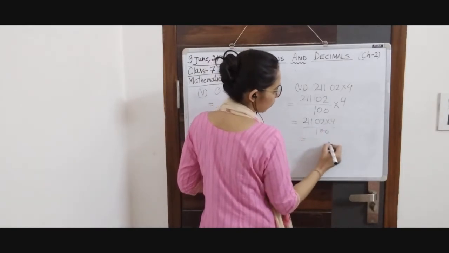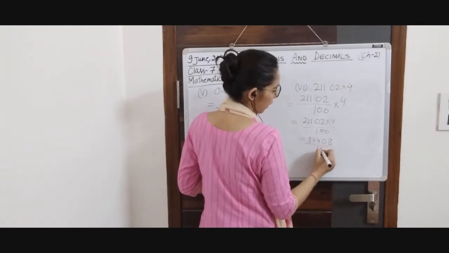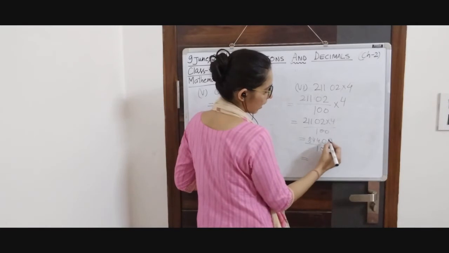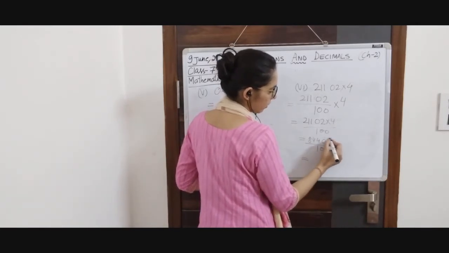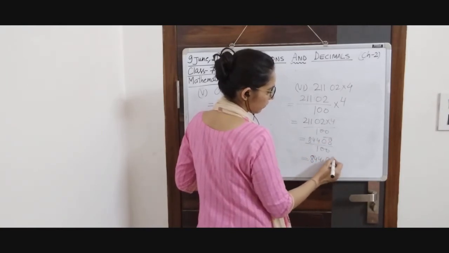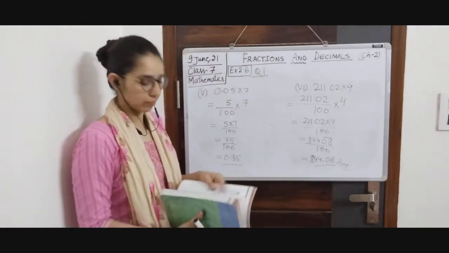It is 84408 divided by 100. Now we will put the decimal again. We will leave as many numbers as there are zeros in the denominator, and then put the decimal. 844.08. This is your answer.